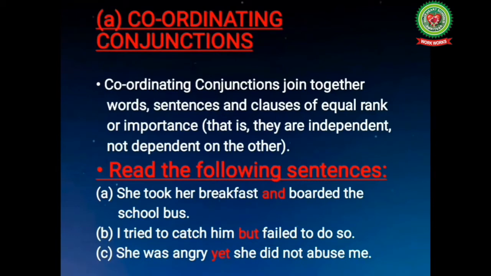Here also two clauses are joined by the coordinating conjunction but. So these are coordinate clauses. Look at the next sentence. She was angry, yet she did not abuse me. Again, two clauses are joined by the coordinating conjunction yet. So, these are coordinate clauses.